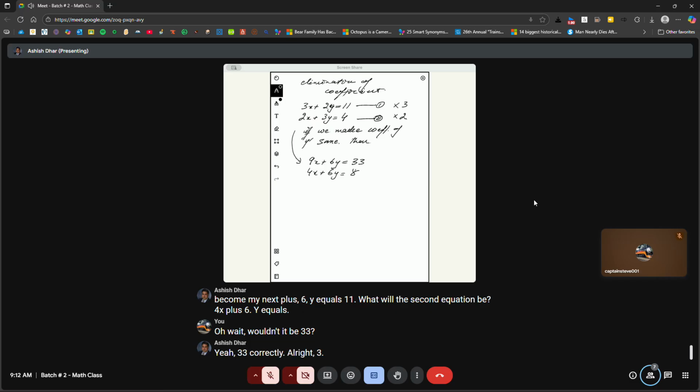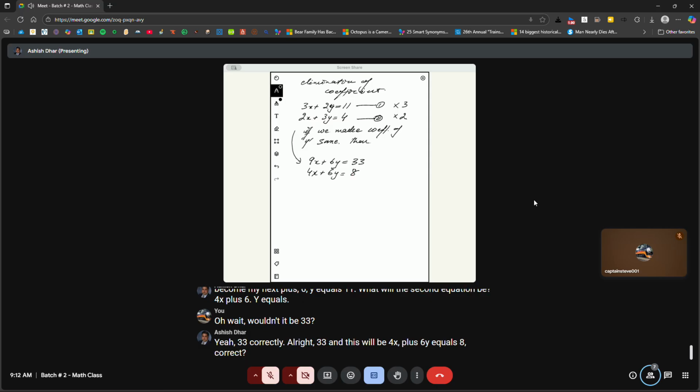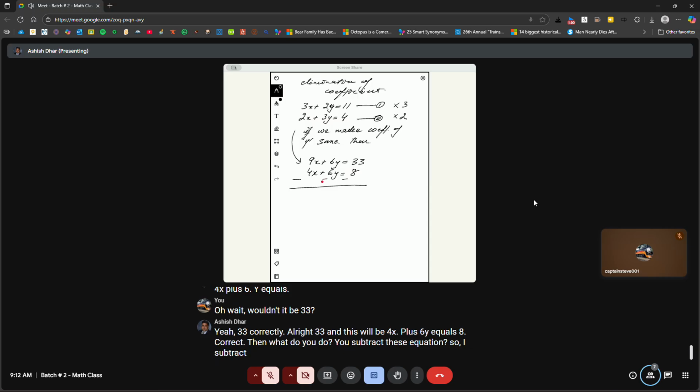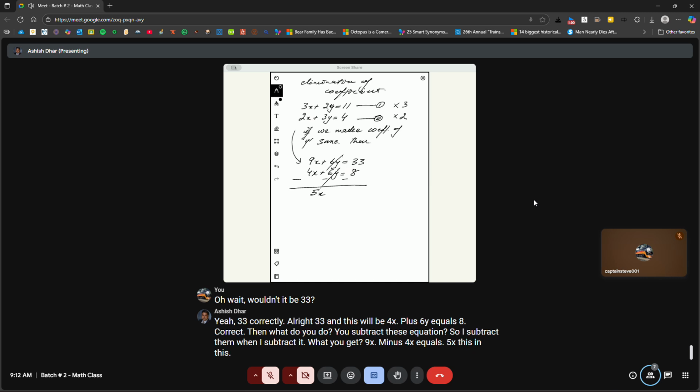And this will be 4x plus 6y equals 8, correct? Then what do you do? You subtract these equations. When I subtract, what do you get? 9x minus 4x equals 5x. The 6y terms cancel. 33 minus 8 is how much? What is 33 minus 8?